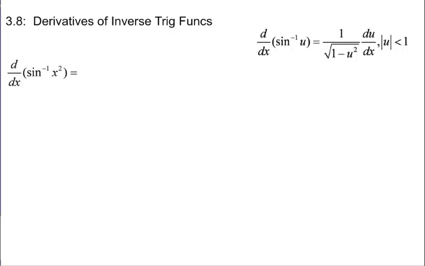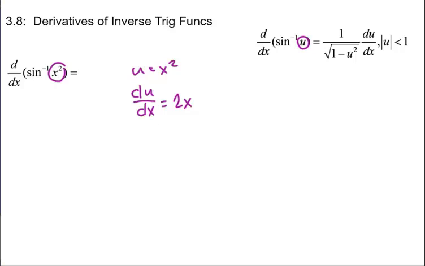And you'll notice that for this trig function right here, we've got a u. So u equals x squared. And we've got a u right here. So I need to know what du dx is. And for this one, it's not too horribly difficult.